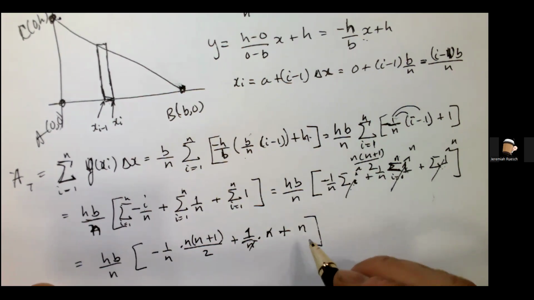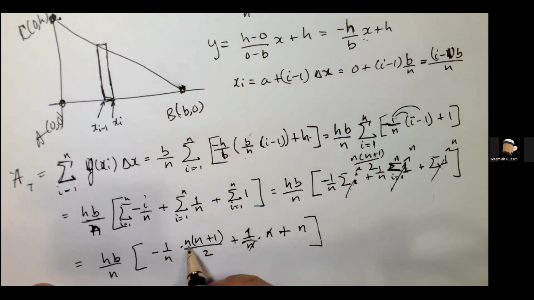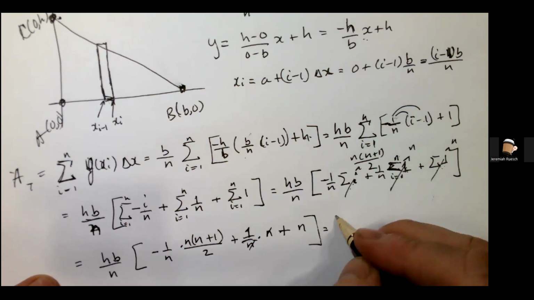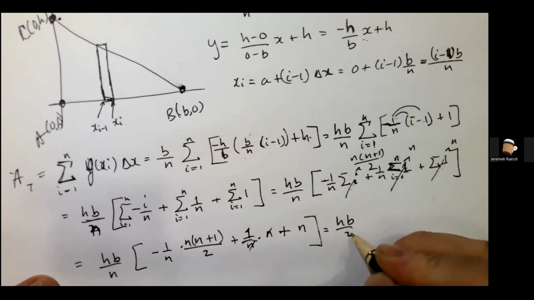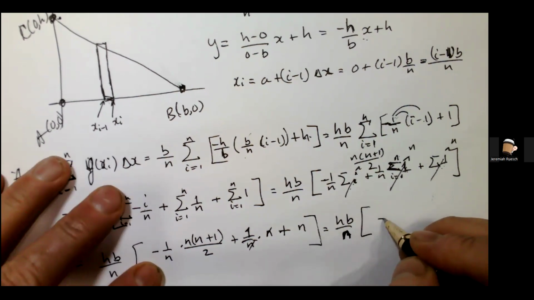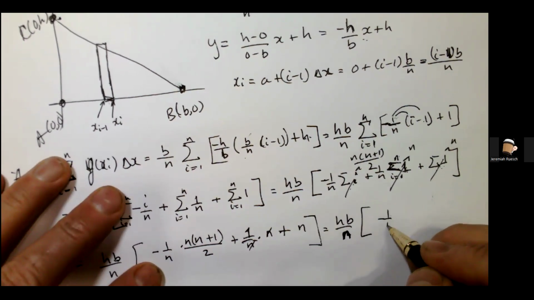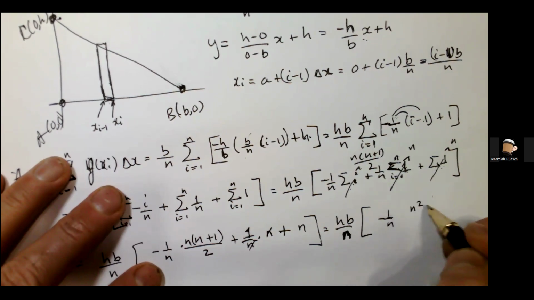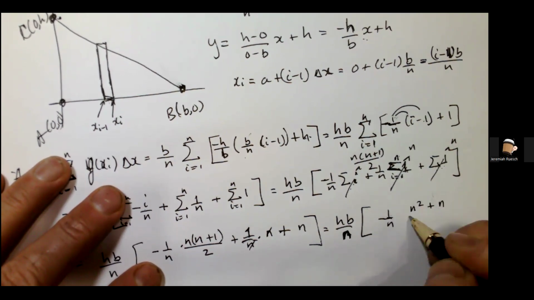And I think I can distribute, so I'll do just a little bit more cleaning up. hb over 2 over n. I don't like thinking that n looks like a 2. And then I have, let's see, a negative 1 over n. And it's going to be n squared plus n over 2 over 2n.